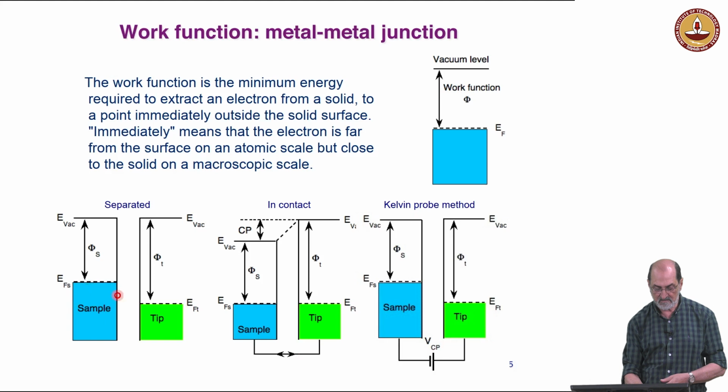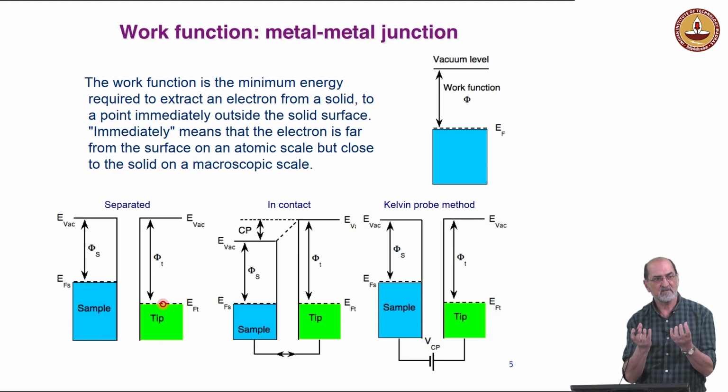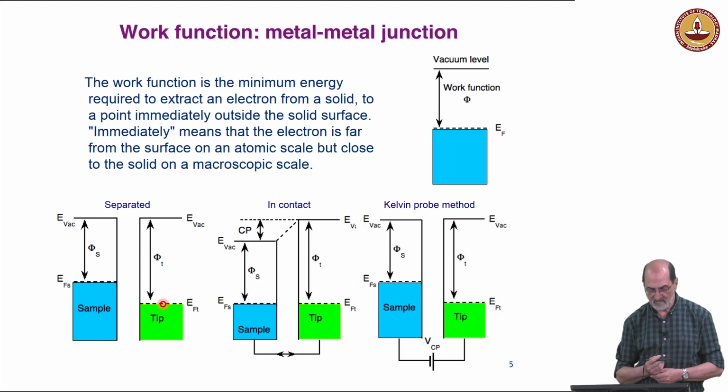Well, if the Fermi level is higher here than there, now electrons are going to flow. These are communicating vessels, as you say, and the level of the water is the same in both places. Here it is the same. Charges are going from there to here up to the point where the Fermi levels are the same.